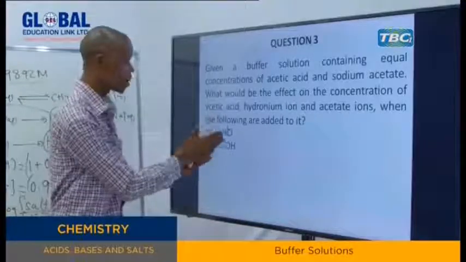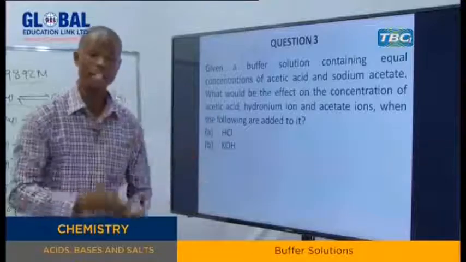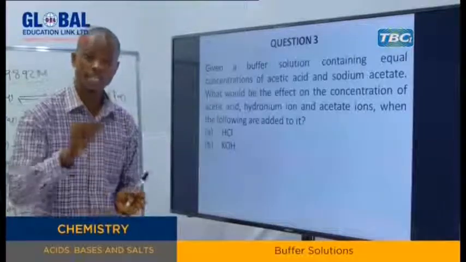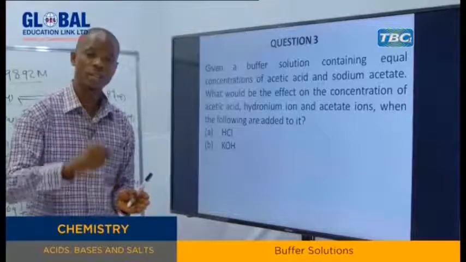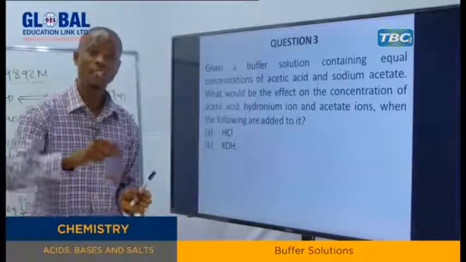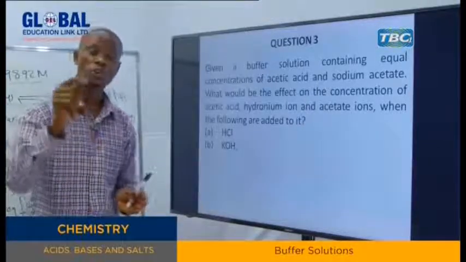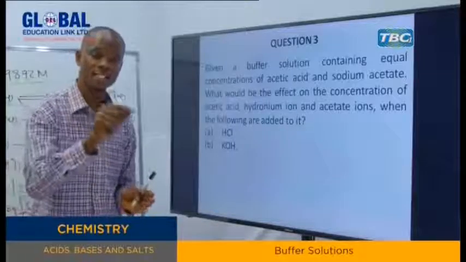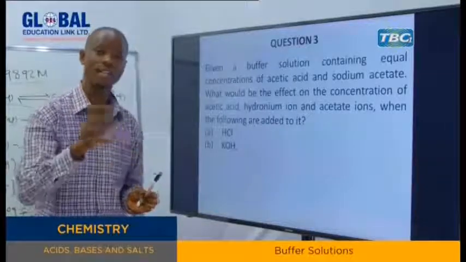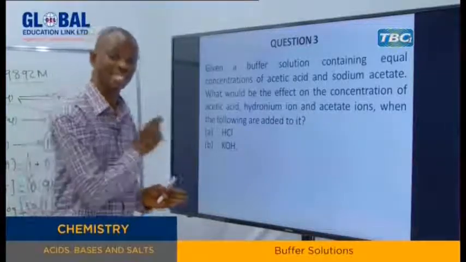When you add, for example, hydrochloric acid, it will give hydrogen ions. Those hydrogen ions will increase the concentration, which would lower the pH. So what will happen? The acetate ions from sodium acetate will react with it to form acetic acid.